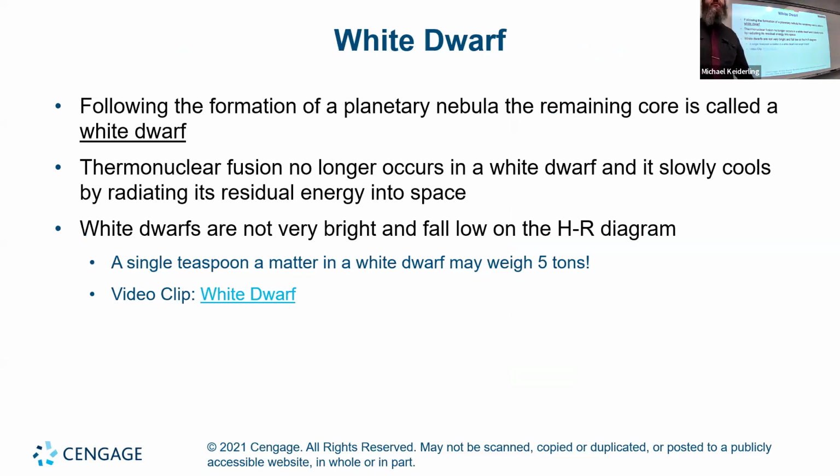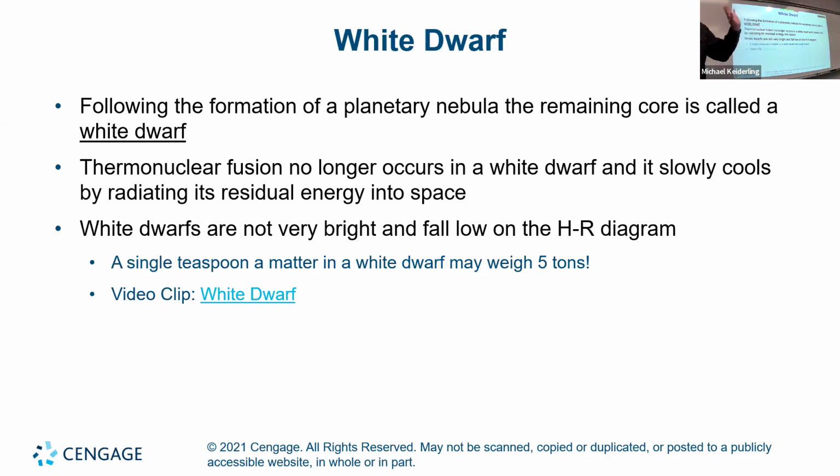So after the formation of a planetary nebula, the remaining core that stays behind is called a white dwarf. So a white dwarf is just a ball of stuff that is compressed until quantum mechanics says it can't get any more squished.